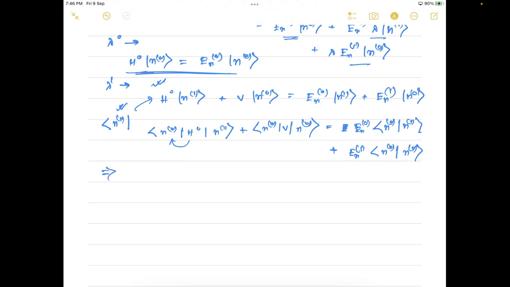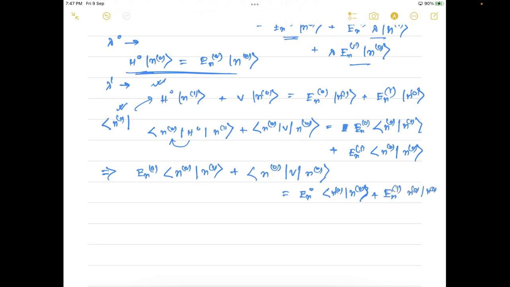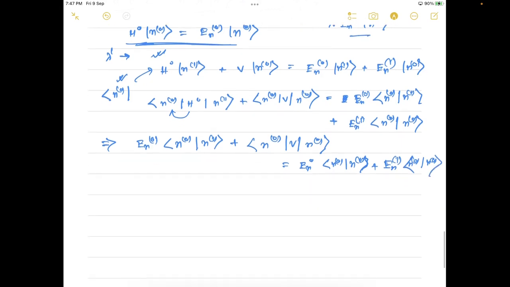So we get En0 <n0|n1> plus <n0|V|n0> equal to En0 <n0|n1> plus En1 <n0|n0>. Okay, now just look at this. The En0 <n0|n1> term is common on both sides, so we can cancel this term.